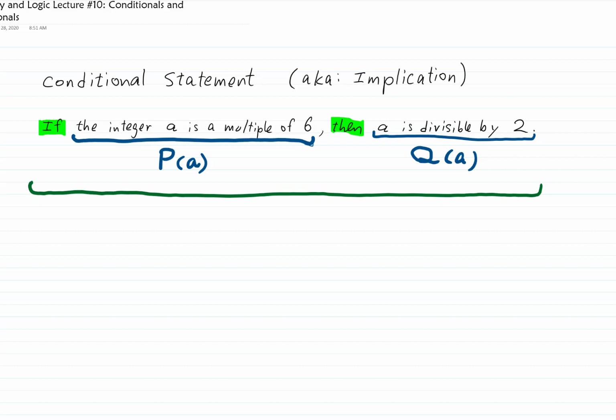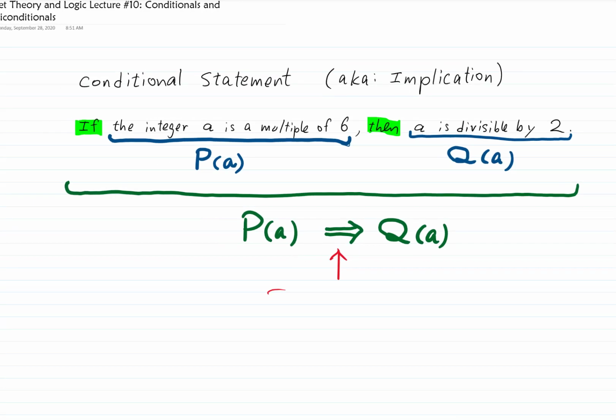You go P of A, and then this type of an arrow, which is called a double arrow, and then Q of A. When you see this symbol right here, that is the symbol for implies, or if then.